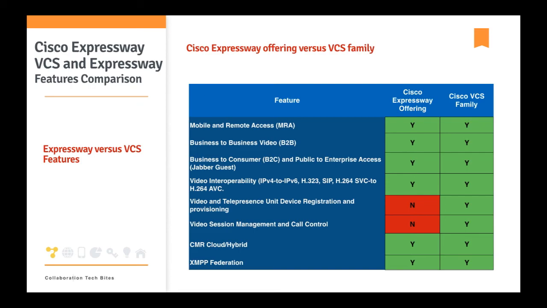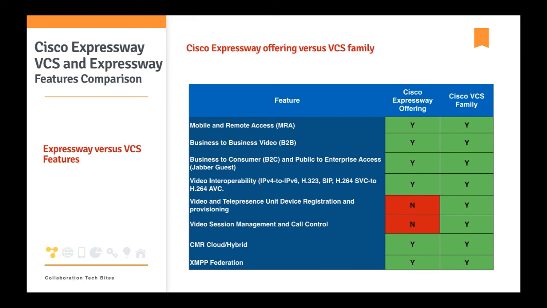So this is conditioned on having an internal MCU or telepresence server that will allow conferencing or video conferencing with the CMR service. For VCS, it's already given that you have a video infrastructure integrated with CMR.